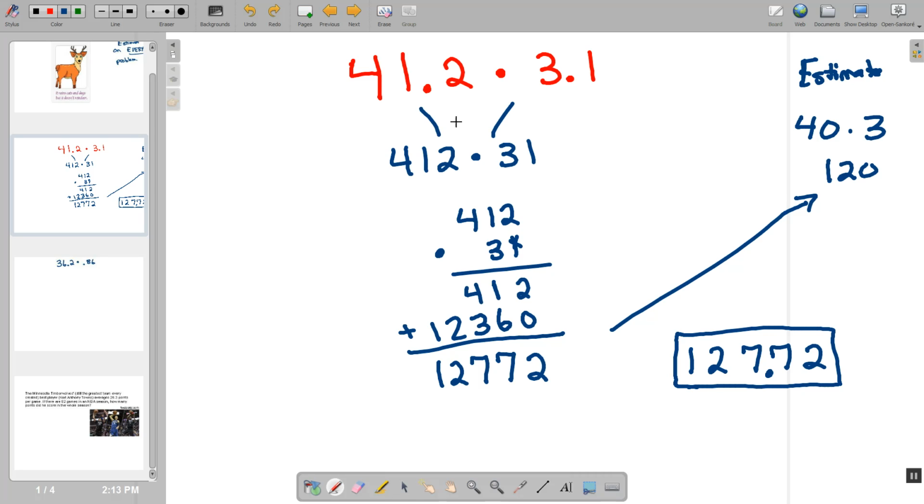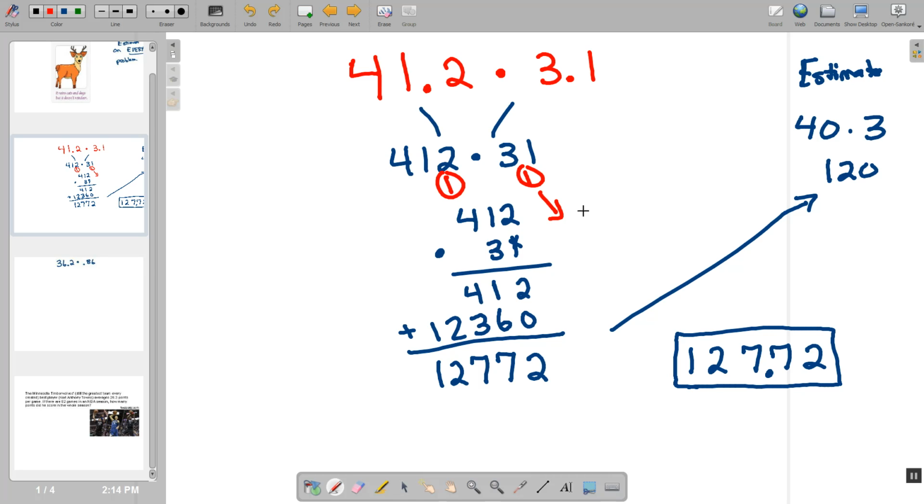The second way is we're going to go back to the original problem right here when we remove our decimals. The question is, how many places behind the decimal point does each number have? Well, 41 2/10 has 1 digit behind the decimal point, and 3 1/10 also has 1 digit behind the decimal point.